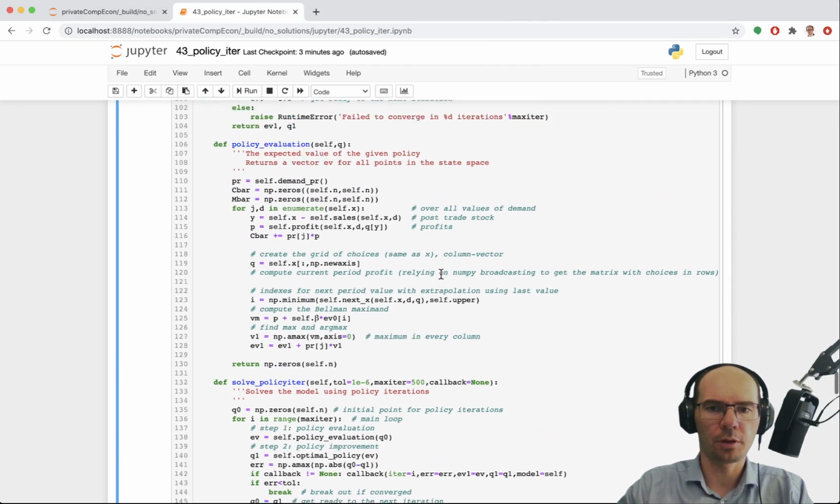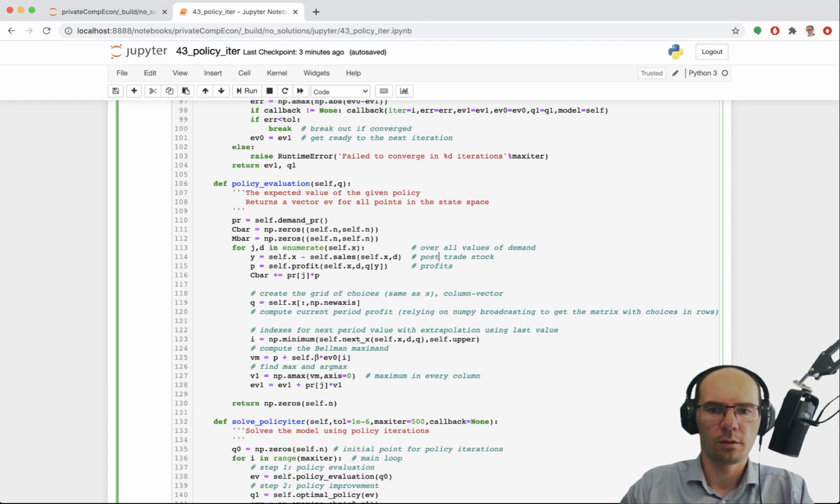Okay, this should work. Let's say here for clarity that Y is post-trade stock for all values of X and current D. Profits for all values of X, conditional on D and Y now.